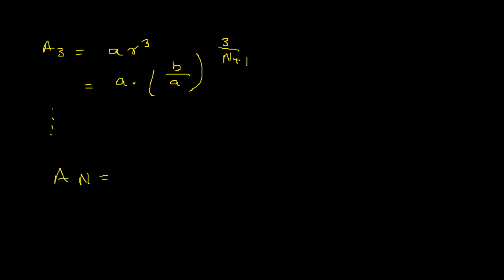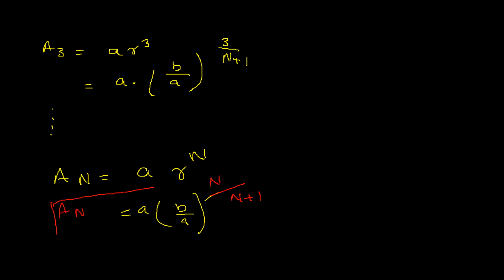And a3 will be equal to a r cube, which makes it a into b over a, whole raised to power 3 over n plus 1. So what about an? An will be equal to a r raised to power n, right? So that makes it a into b over a, whole raised to power n over n plus 1. So this is the formula for an.